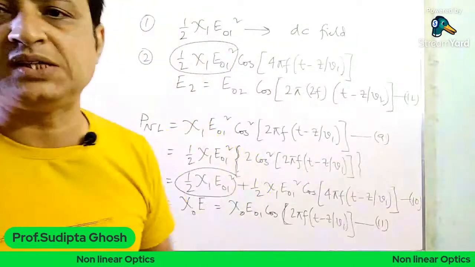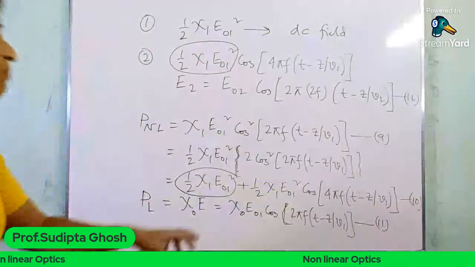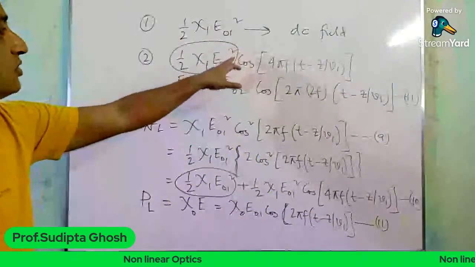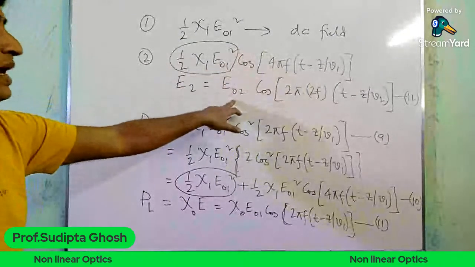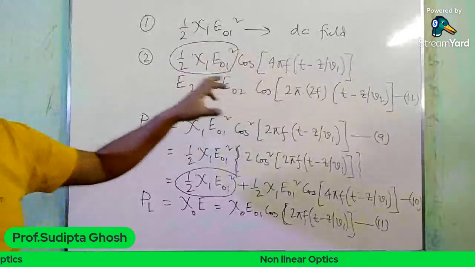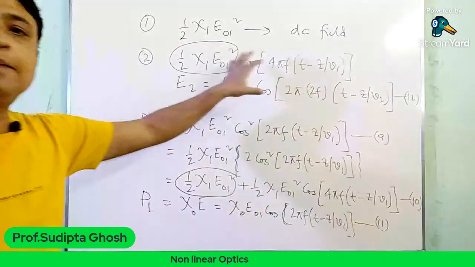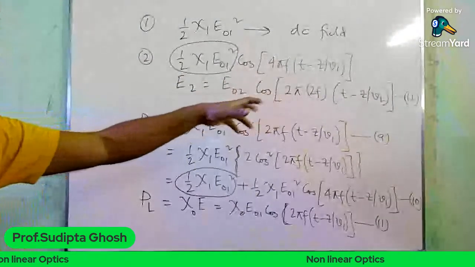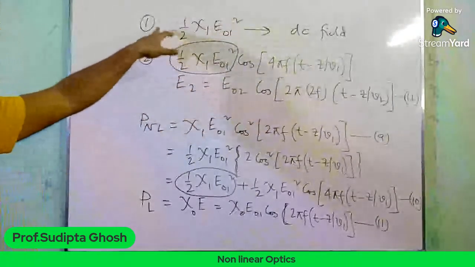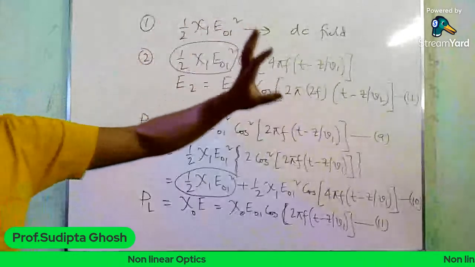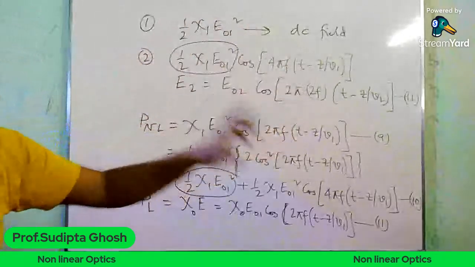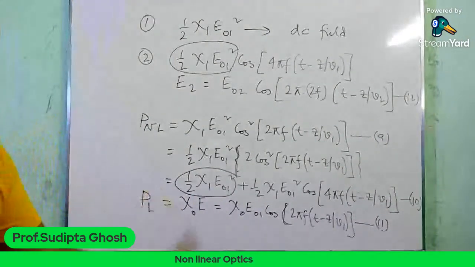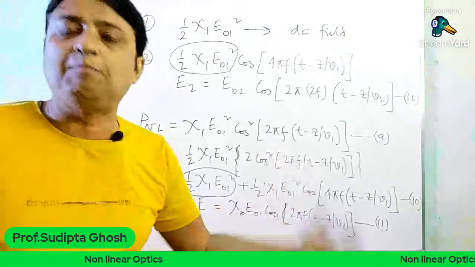If we replace half chi1 E01 square by E02, because it represents a wave, a field, it is not a constant. In the first term, all of the terms are constant, because chi1 is the first order nonlinear susceptibility term and E01 is the amplitude of the wave.